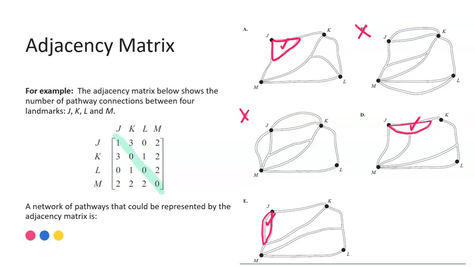Then looking at some of the other information in the graph. Next up, I'm going to check this single connection between K and L. So I only want one possible edge here. In option A, I can get K to L, or I could go this way, and that is a direct connection.